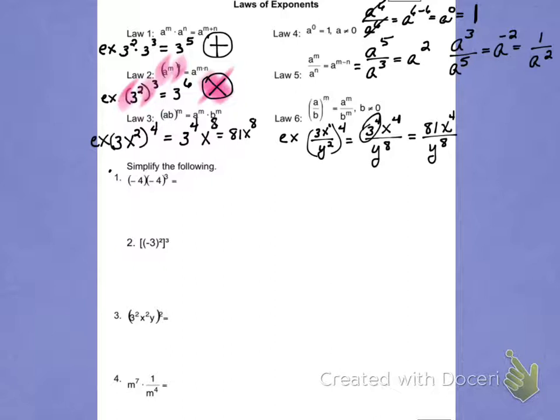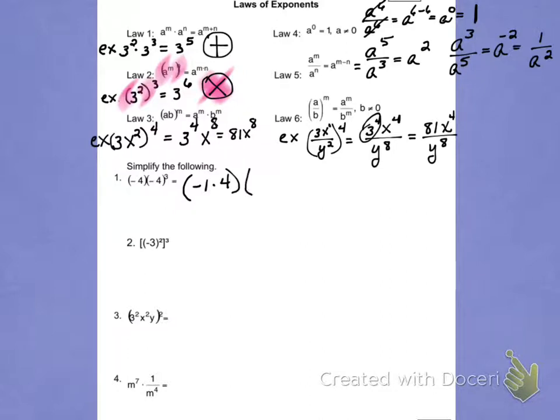We want to simplify the following. Now, when you have negatives, many times it's easier to think of it as negative 1 times 4, because sometimes negatives can throw you when you're working these problems. So I'm going to think of that as negative 1 times 4.